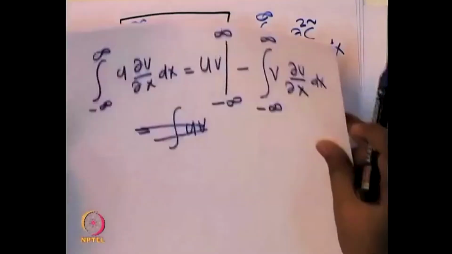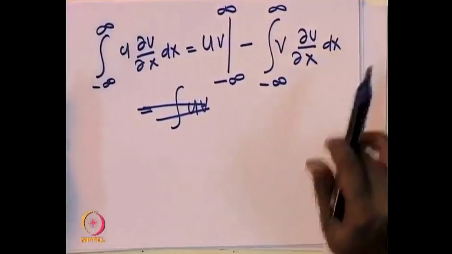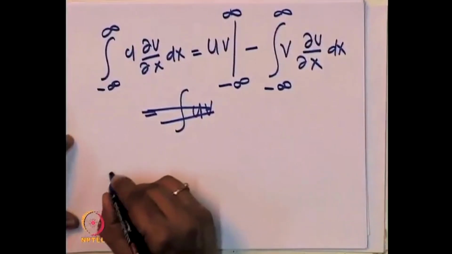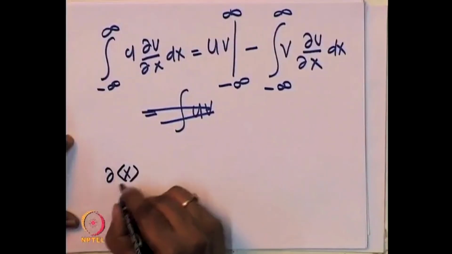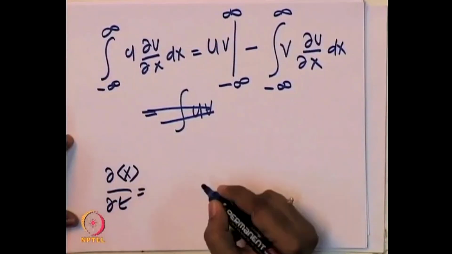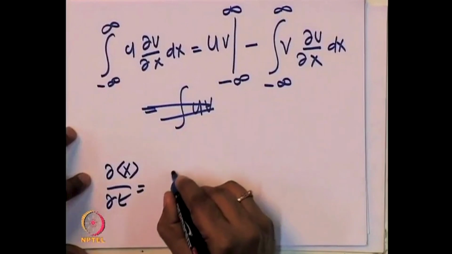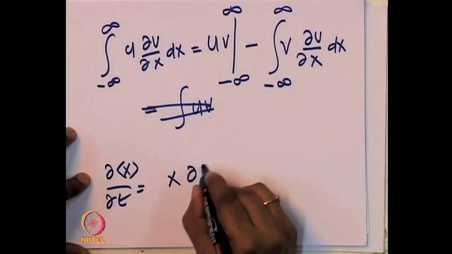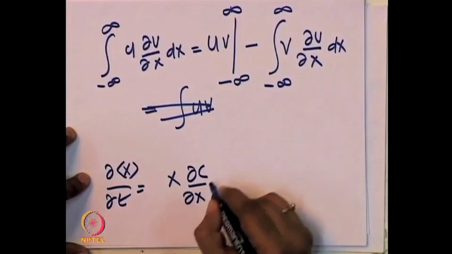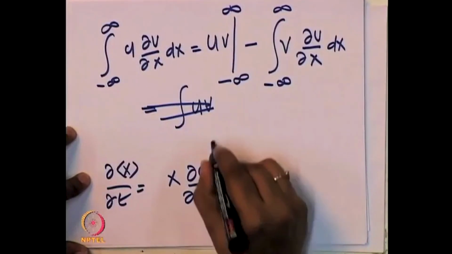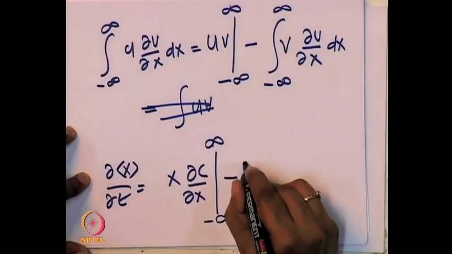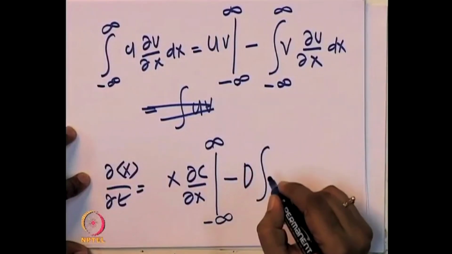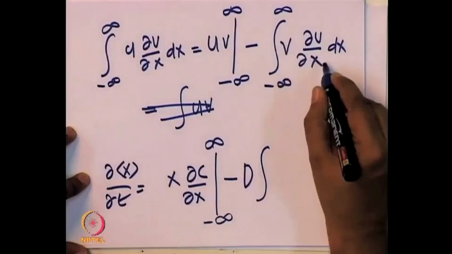So now we can apply this formula. If we apply it, we get del x average by del t equal to D times u, which is x, and v, which is del c by del x, in the limits, minus D into integral v du by dx.